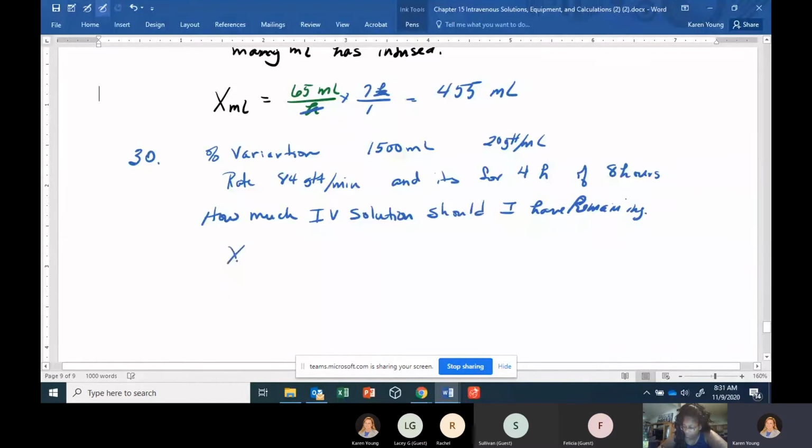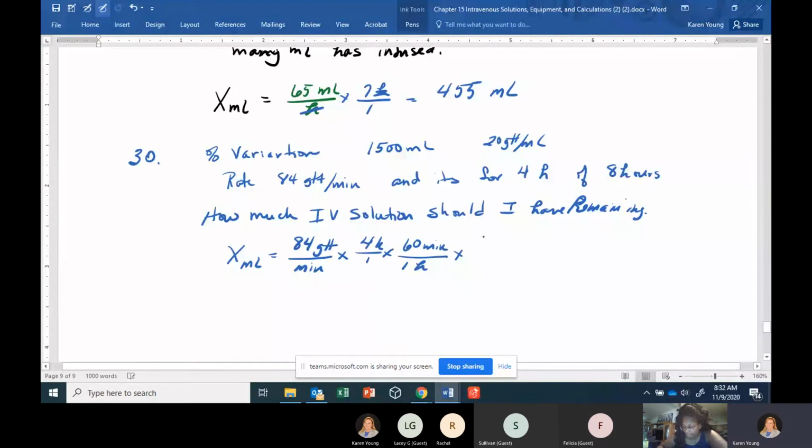So to find out my milliliters, I take my rate of 84 drops per minute times my time, which is 4 hours. And then since I'm going from minutes to hours, I've got to have the 60 minutes over 1 hour.